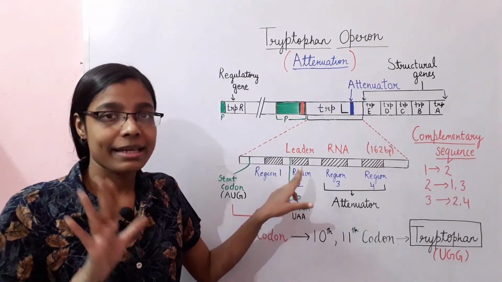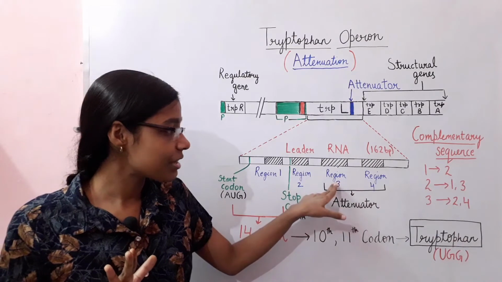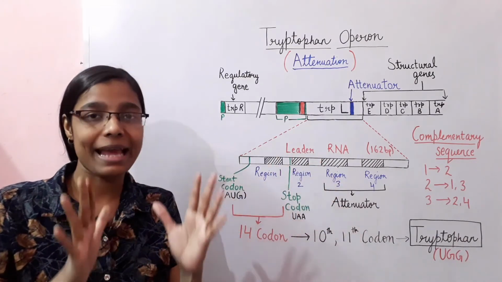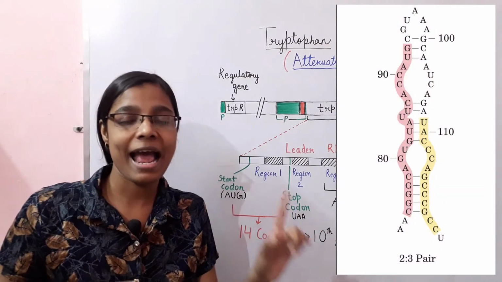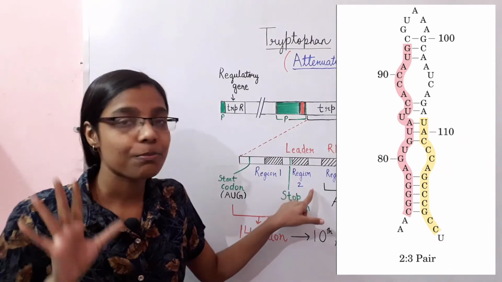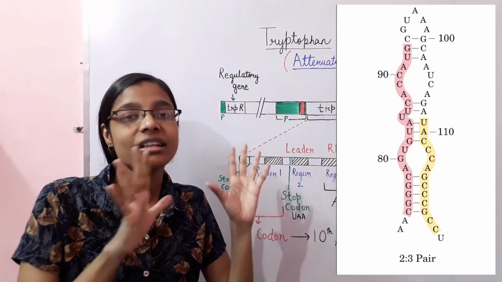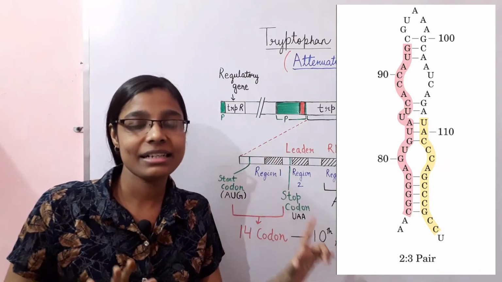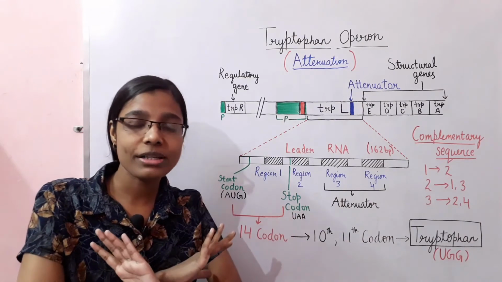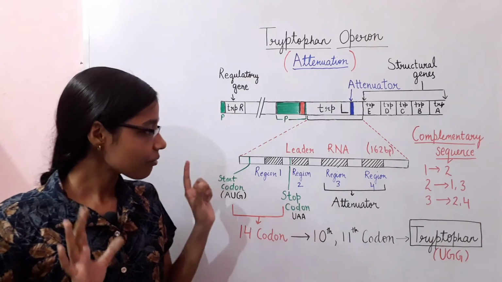Region 2 can pair up with region 1, and it can also pair up with region 3 to form a loop-like structure which is called the anti-terminator loop. Whenever there is pairing between region 2 and region 3, there is formation of an anti-terminator loop, and that loop will not have any effect on the transcription process.